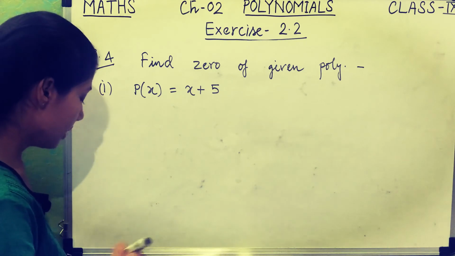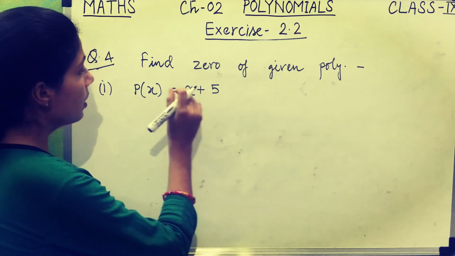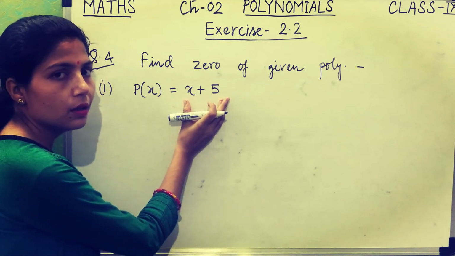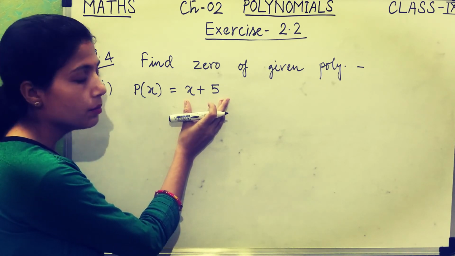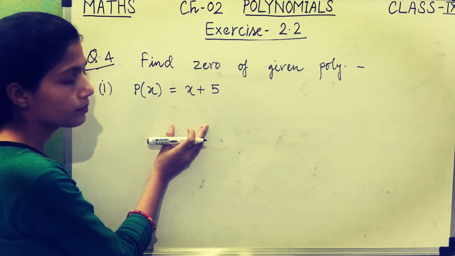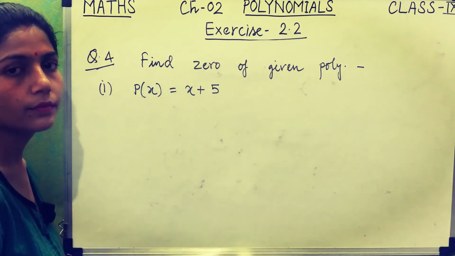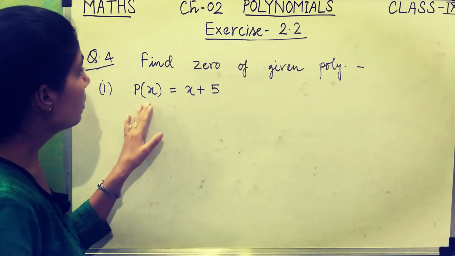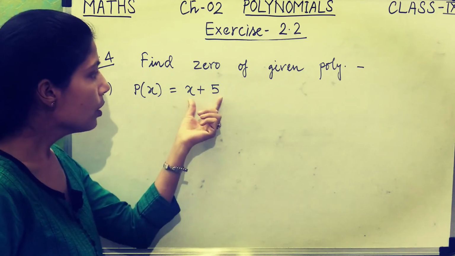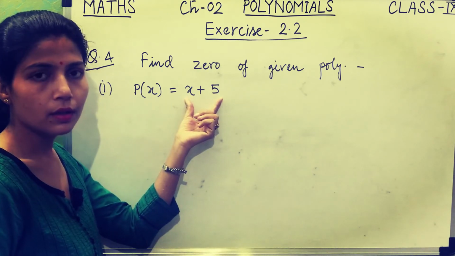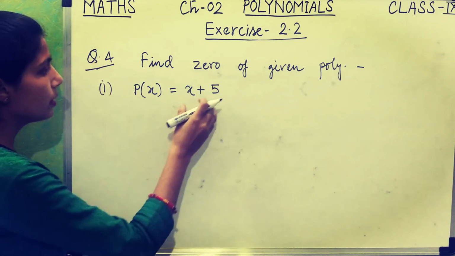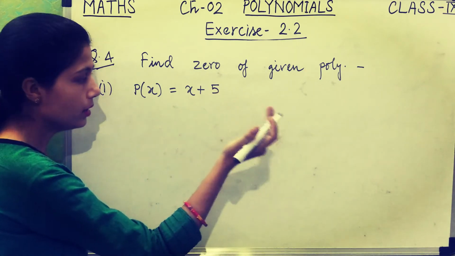So for this, to find the 0 of this polynomial, what we have to do is equate this polynomial with 0.